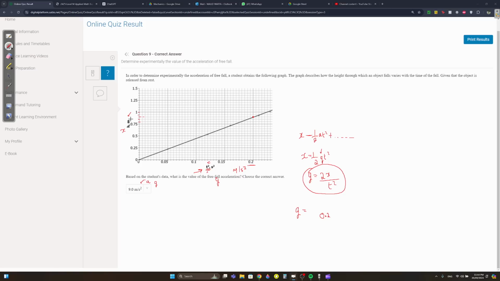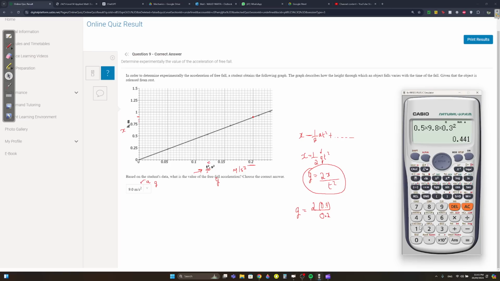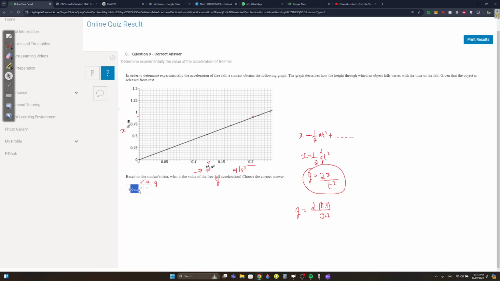So this is 0.8, this is 0.85, and another one I want is over here, 0.9. So 2 times 0.9 divided by 0.2. You get 9. That's how you get your answer. Just memorize this formula: g equals 2x over t squared, in case it comes.